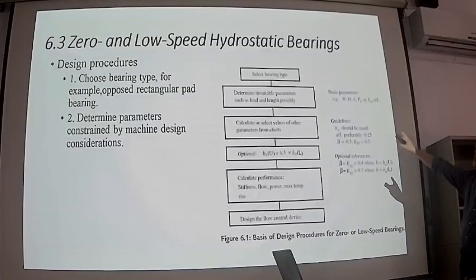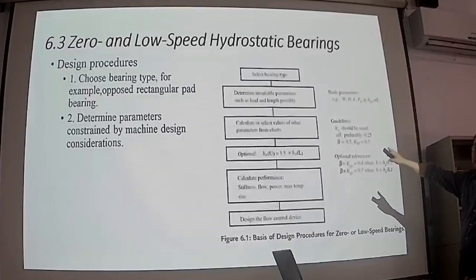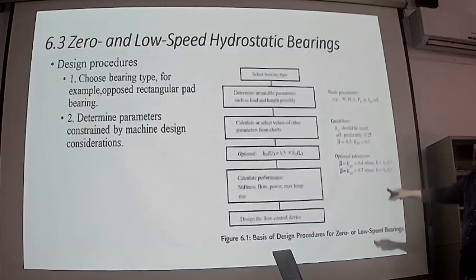this procedure is valid for the journal bearing as well as the external bearing. So any kind of hydrostatic bearing or any type of hydrostatic bearing can use this procedure. Okay. So you need to select the bearing type.